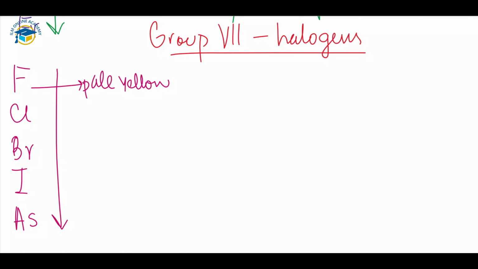If we talk about the other elements, we have chlorine. Chlorine is a pale yellow to green gas. All these are gases and these are non-metals. And bromine is a red-brown liquid.